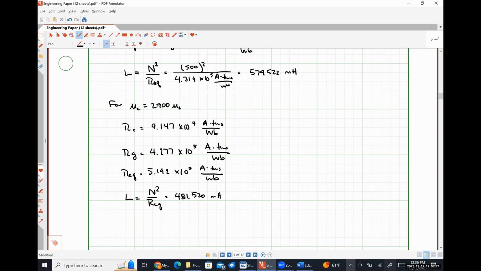So this is an interesting thing, right? I say it's interesting because, as I mentioned previously, our core permeability reduced by a factor of almost 2,500%. Roughly 25 times smaller. Did our self-inductance change by a factor of 2,500%? Not even close, it changed by 16%.